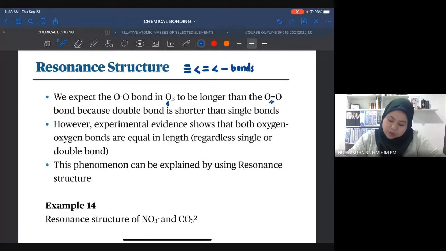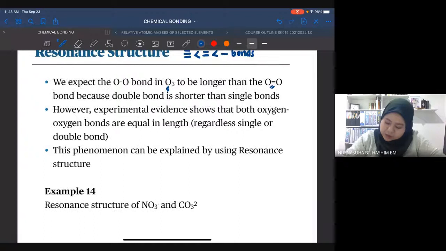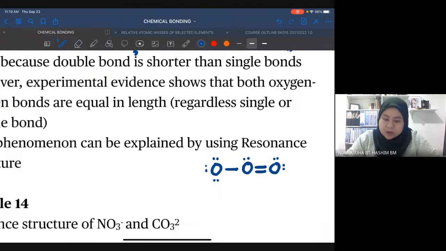Okay, so kita lukis kejap ozon. Okay, madam skip part kira-kira tu. Okay, basically this is the Lewis structure for ozone. So dalam ozone kita ada single bond. We have single bond.